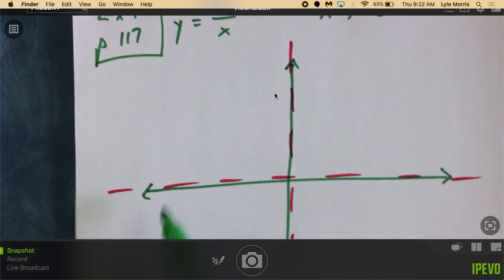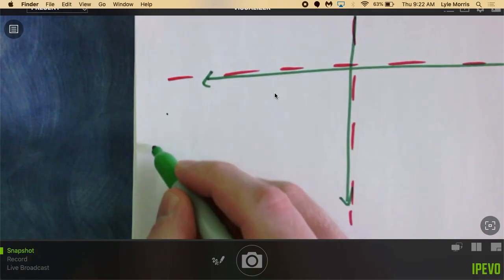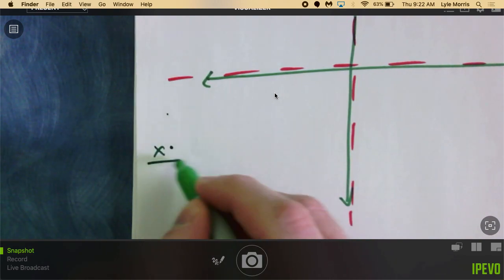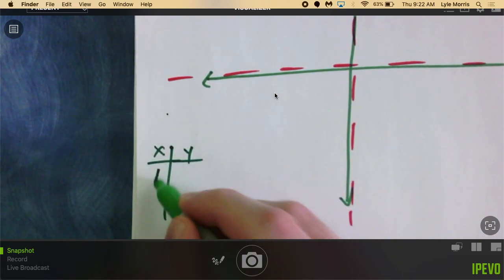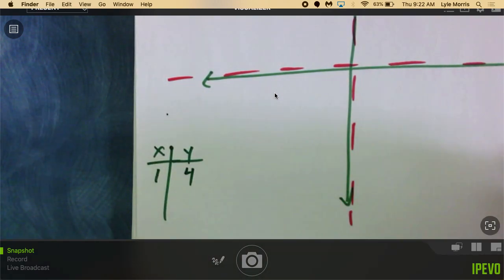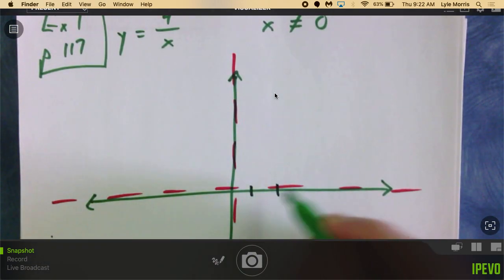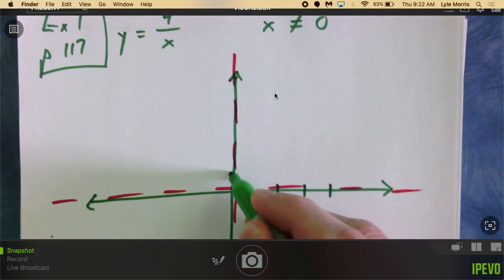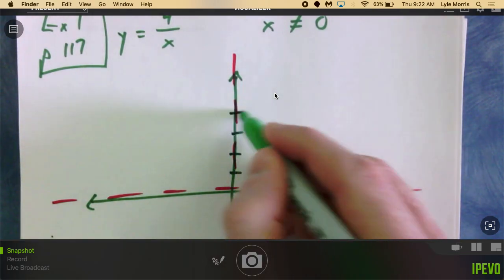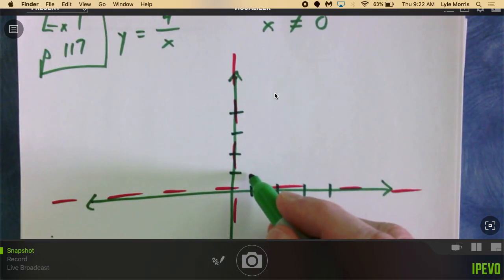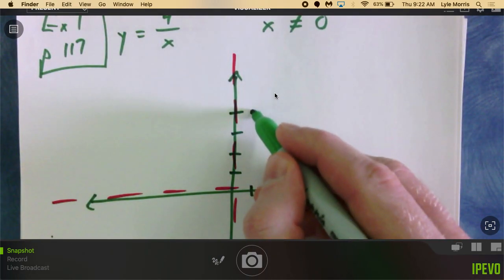So in this case, let's say x equals 1. When x equals 1, y equals 4. Here's my scale. When x equals 1, y equals 1, 2, 3, 4.